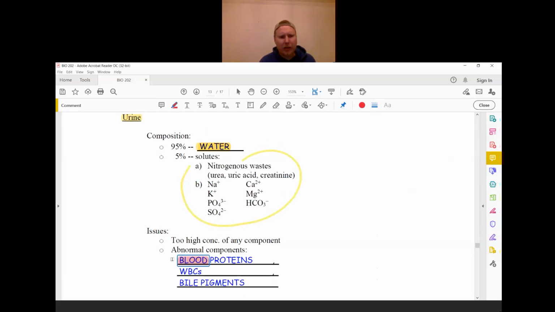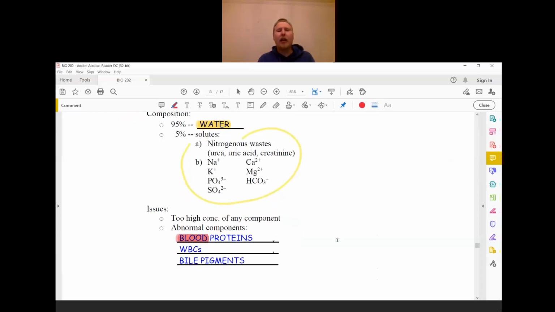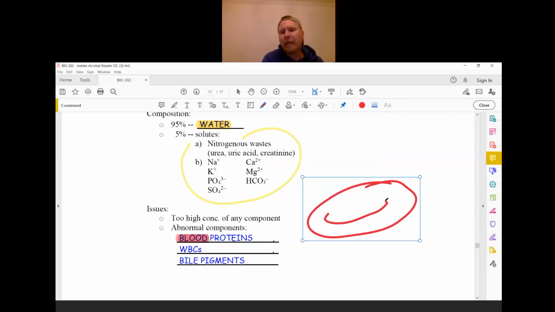White blood cells, you remember, are a sign that there's an infection of some kind. Not bile pigments. But from my perspective and my clinical background, it is the red blood cells that we would be concerned about, if we see blood in general in the urine. So we don't want to see that in the urine.